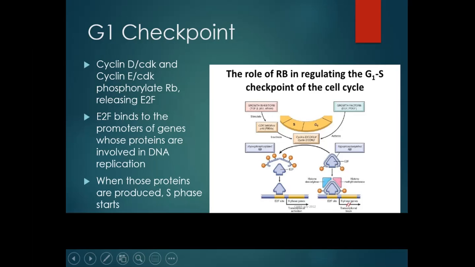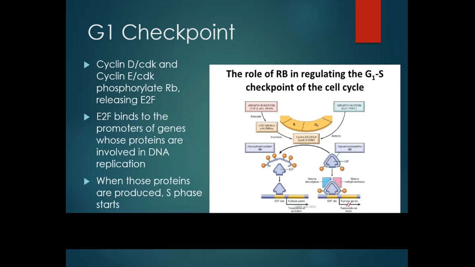Okay? If the cell does not receive growth signals, or if it doesn't have enough nutrients, RB will remain unphosphorylated. Cyclin D will not build up to the level where it can phosphorylate RB. If you don't phosphorylate RB, you don't move out of G1 phase and you don't get into S phase.